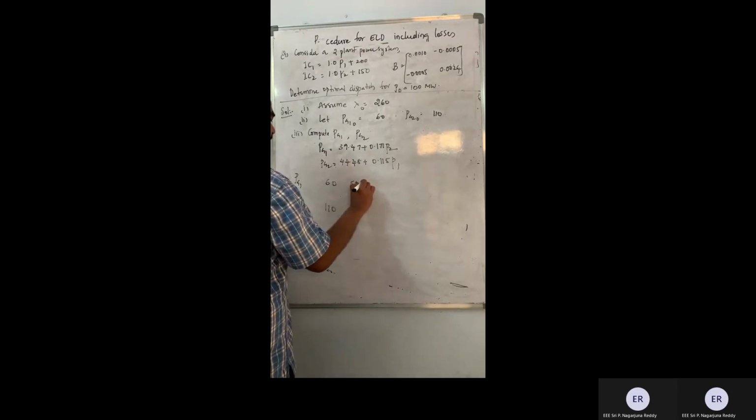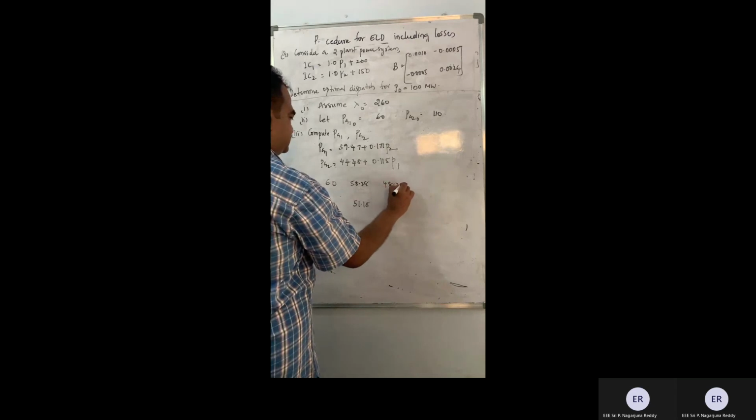So now the value is 58.28. Now the same value of 58.28 is to be employed here for P2. So its value is going to be 51.18.